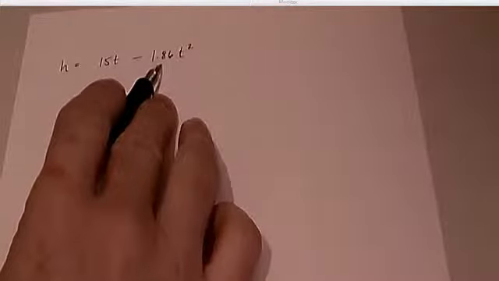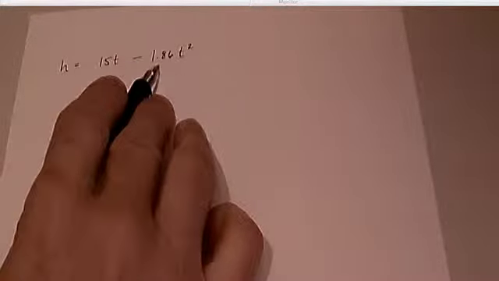h is equal to 15t minus 1.86 t squared. Well, the reason for that is the fact that we expect gravity to be different on Mars, okay? So it's going to have a different acceleration due to gravity, but whatever that acceleration is due to gravity is still g, okay?